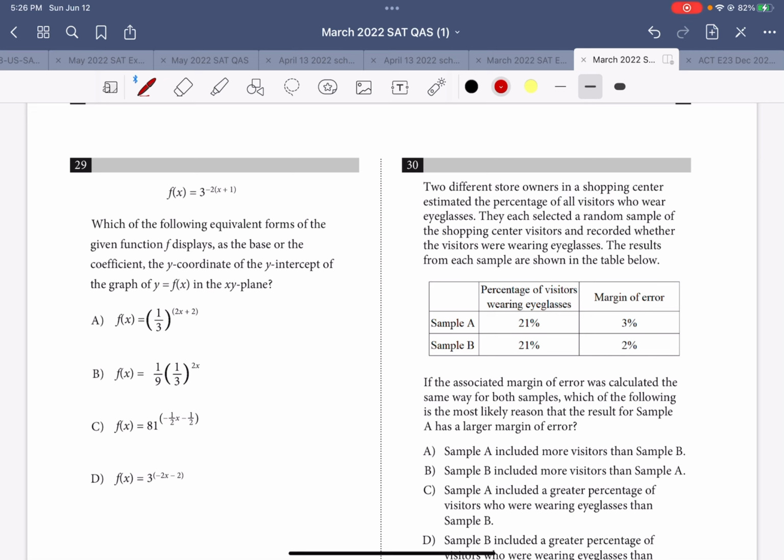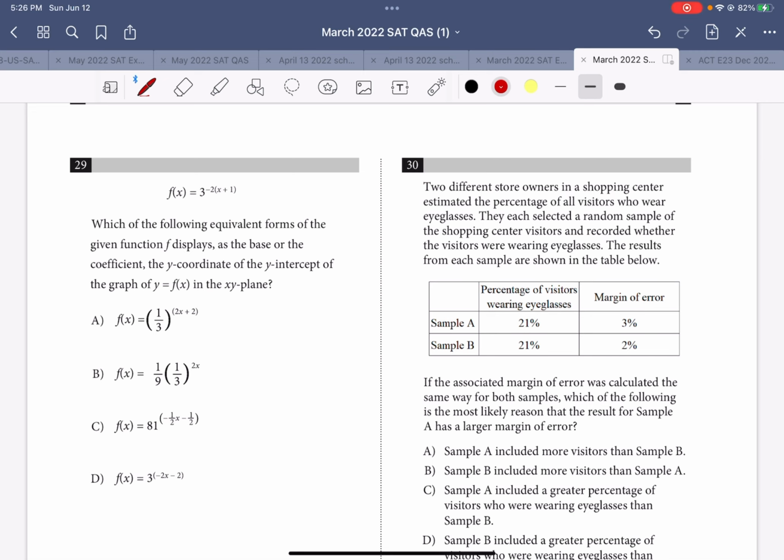They also give you each margin of error and percentage of visitors wearing eyeglasses. If the associated margin of error was calculated the same way for both samples, which of the following is the most likely reason that the result for sample A has a larger margin of error? Why is this one a margin of error of 3% and this one different?